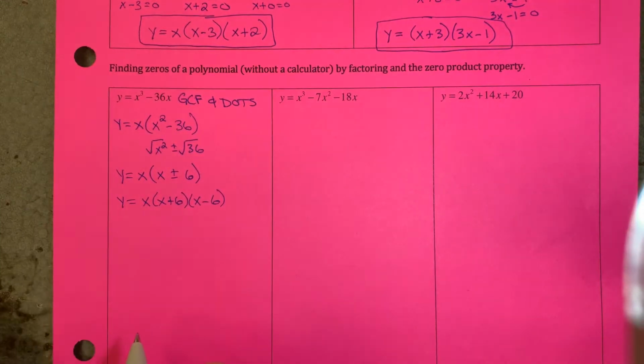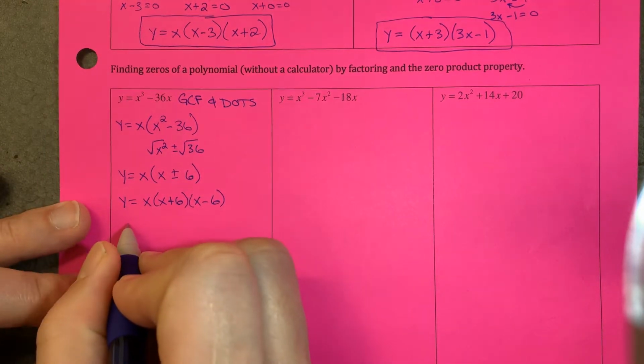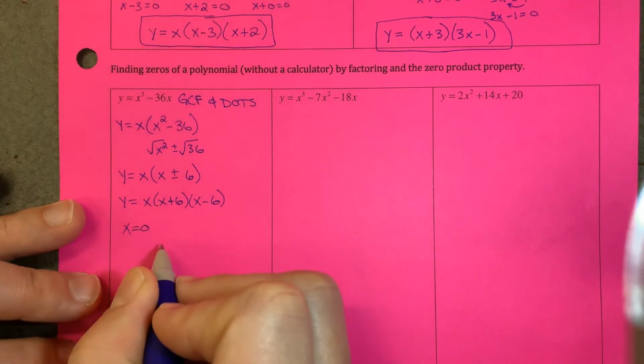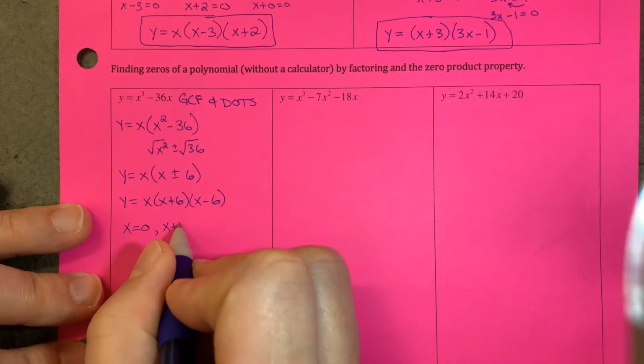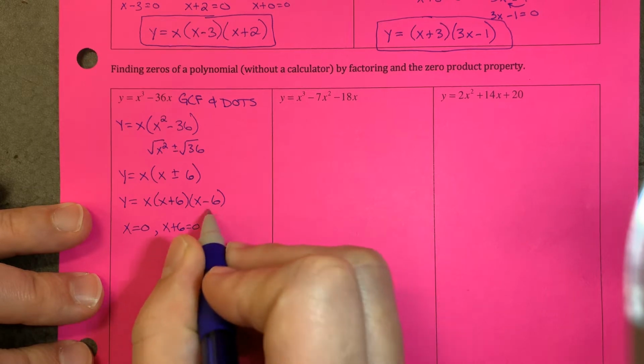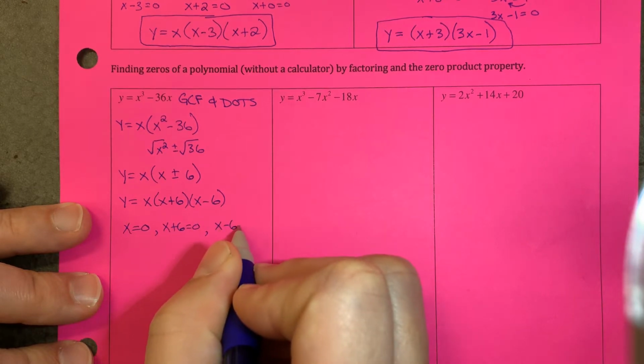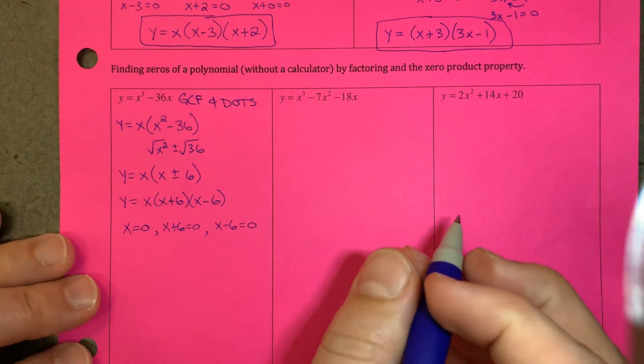Now we have our three expressions, and we can set each one of them equal to 0 and solve. The first one, x equals 0. Nothing to solve there, it's already done. The next one, x plus 6 equals 0. And the last one, x minus 6 equals 0.